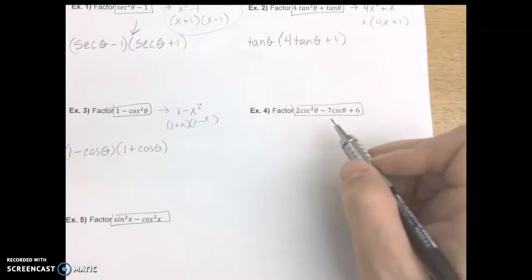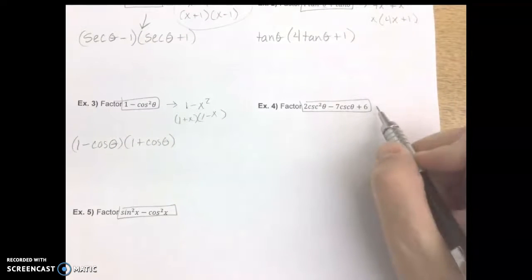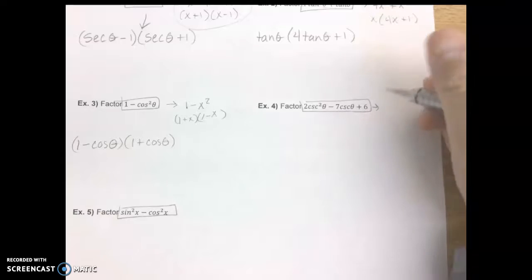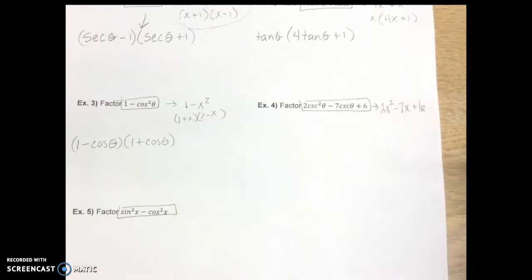For the next one, this one gets a little bit more complicated, especially when it comes to factoring the trinomials. So this is like 2x squared minus 7x plus 6. And most of you, I'm not sure which methods you guys used to factor.